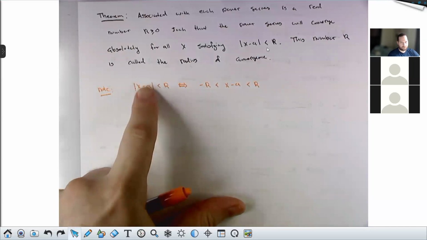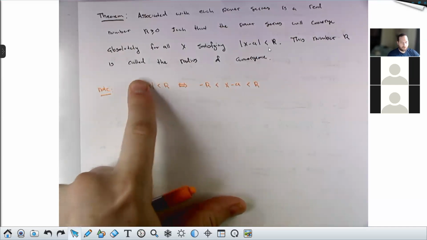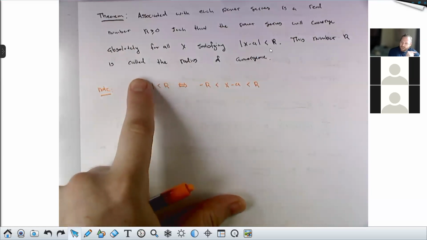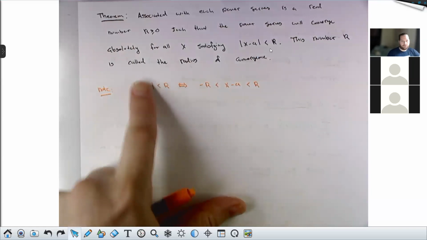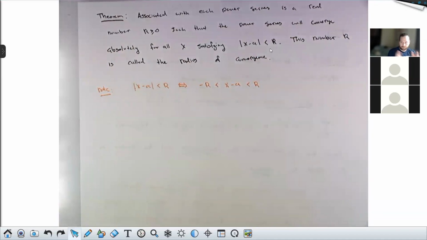Well, it means either the stuff inside the absolute value is positive and smaller than r, or negative, but not more negative than negative r, right? That's how you have an absolute value be small. You have to confine it on the left and confine it on the right. So this absolute value inequality is equivalent to this compound inequality without absolute values.